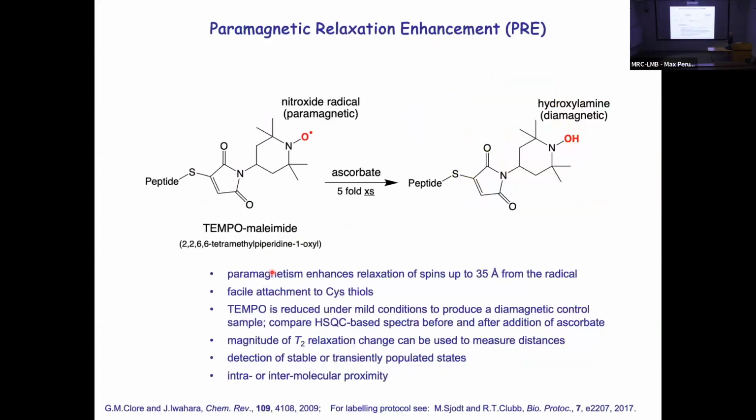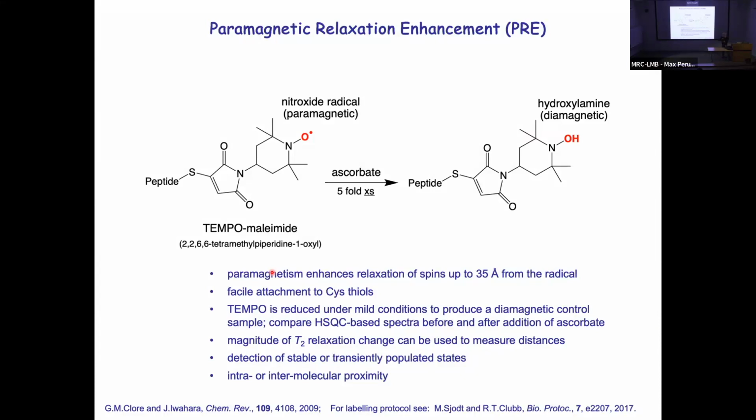I'm going to skip over that one. And this one is analogous to FRET. And we can put a spin label onto a molecule. Basically, when you have a paramagnetic center, if we attach a paramagnetic radical onto the protein at some point, so we can couple it, for example, to cysteine side chains, we can then get the bleaching, the enhancement of relaxation of any spin that comes within 35 angstroms of this paramagnetic center.